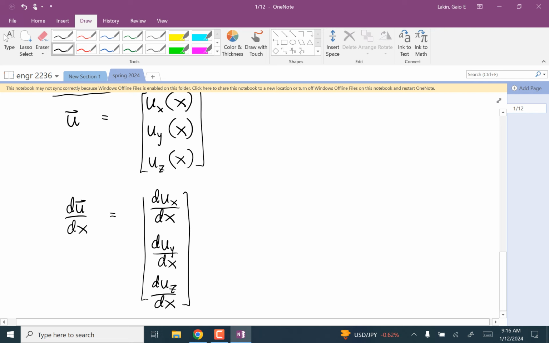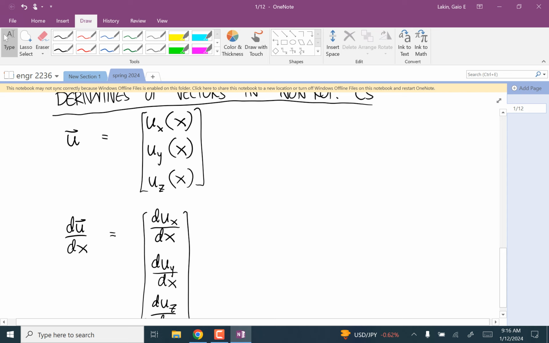So as long as the coordinate system is not rotating, in this case, it could even be accelerating. It doesn't have to be an inertial coordinate system. The origin could be accelerating, but as long as it's not rotating, taking derivatives works out exactly how you would hope it would work. You look at this vector and hope all you have to do is take the derivative of the x component, the y component, and the z component, and those are the components of the derivative. And that's how it works, okay?